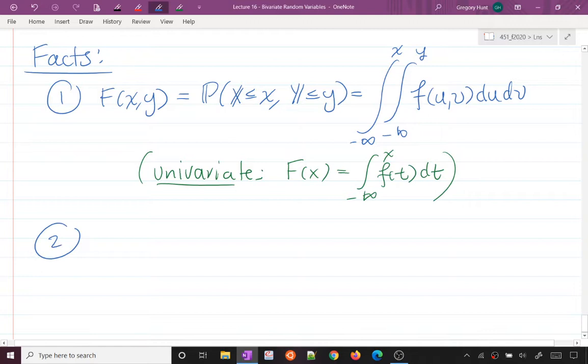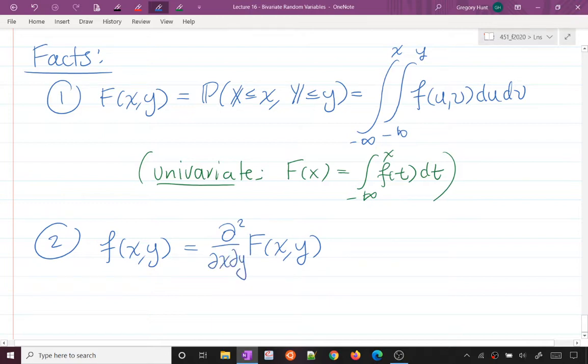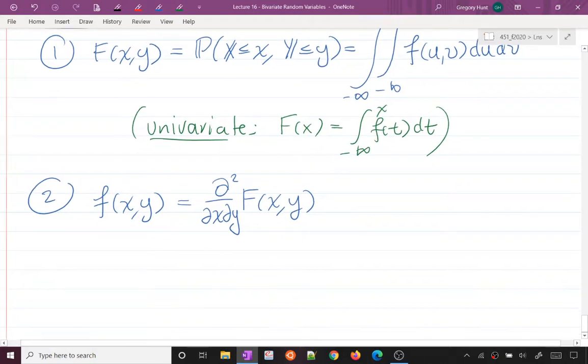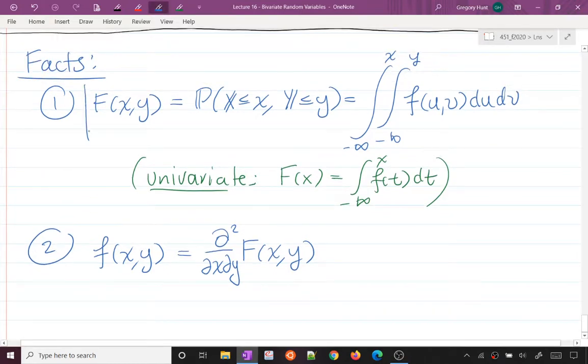And the next fact is that if I want to get my bivariate PDF, I can play the reverse game, which is I can take my bivariate CDF and look at the mixed partial. So if I take the partial with respect to x and y in either order, it doesn't really matter, that gives me my joint PDF from my joint CDF.